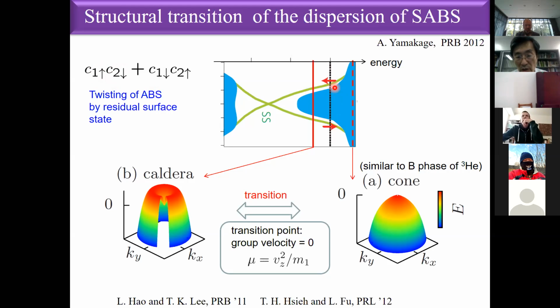So it is impossible to gap out this point, and the dispersion of the surface Andreev bound state becomes like that. In that case, the contribution from zero energy is large as compared to that one, so we should expect zero bias enhanced charge conductance.